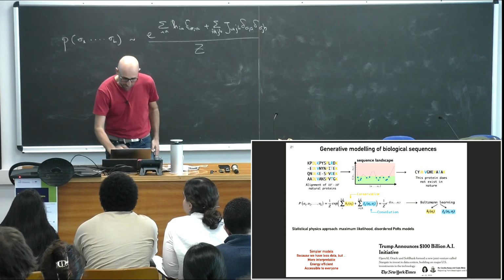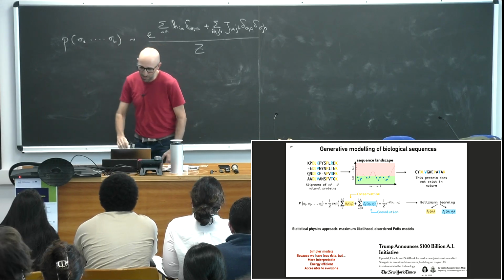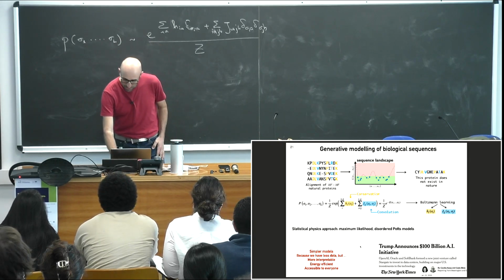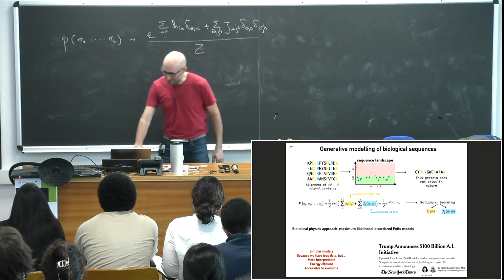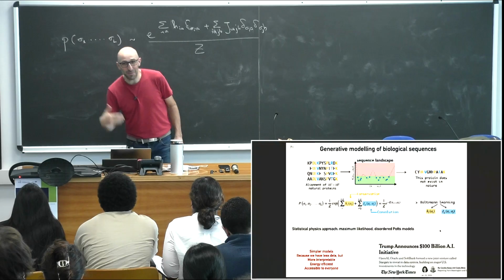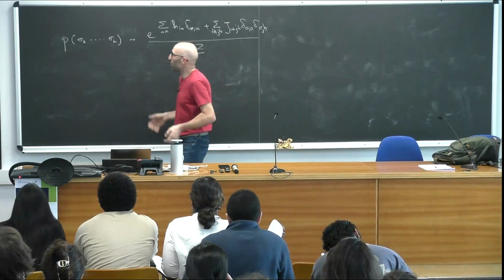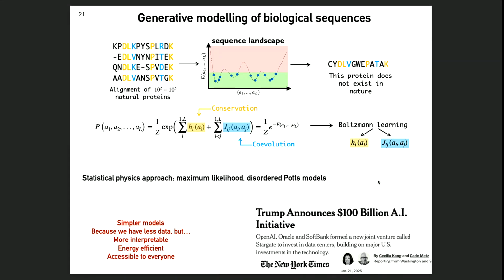We are going to use these Boltzmann machines because they are simple. Typically people will say, okay, but why don't you use language models or deeper nets, or aren't they better? No, they are not necessarily better. They can be better for some things, but they're not always better. In this case, at least for what I've seen up to this point, they are not really better than a simple Boltzmann machine.